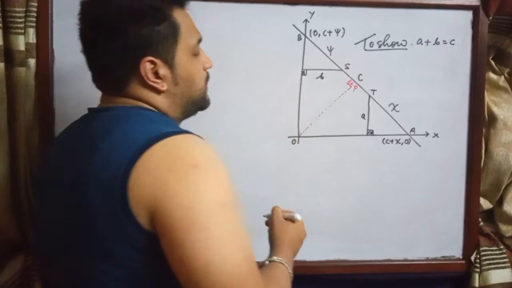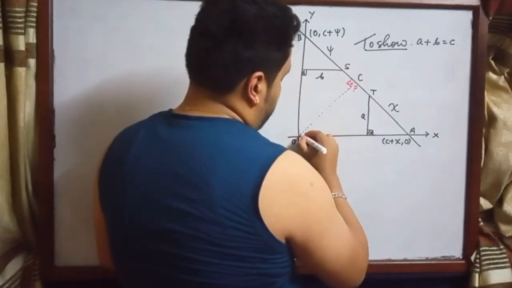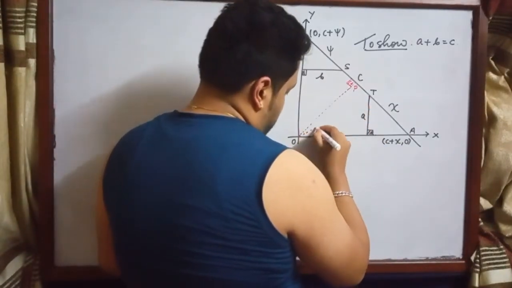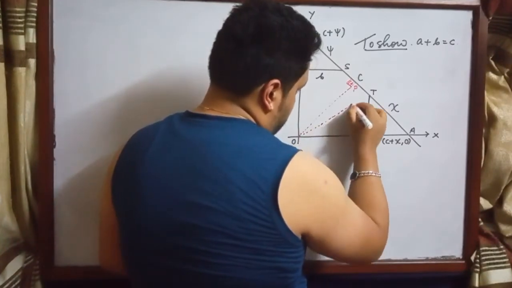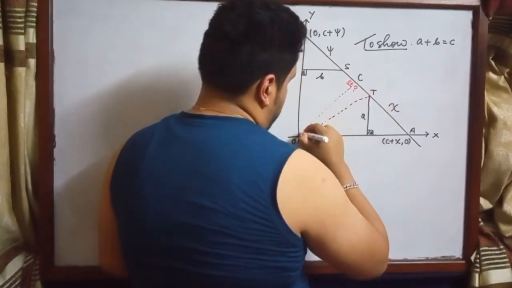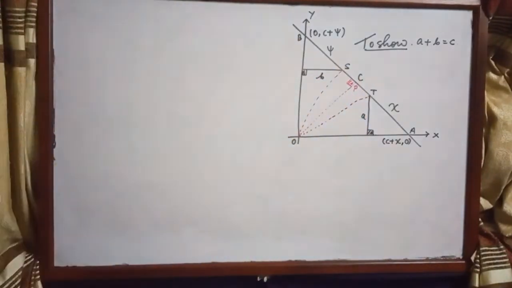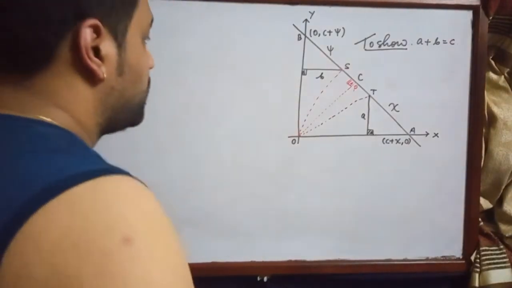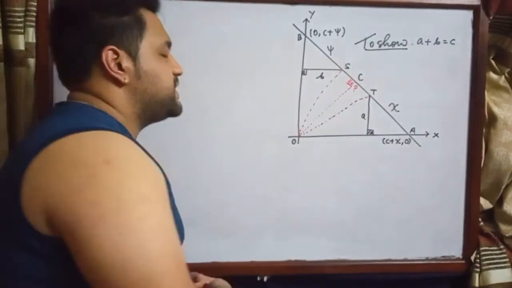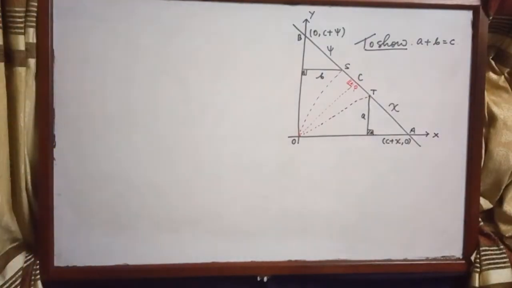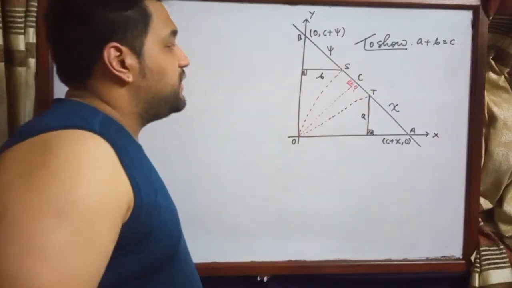Now, as in the previous video, we will join these 2 points, OT and OS. We won't be using congruencies and angles. We're going to use the formula for calculating the area of a triangle.